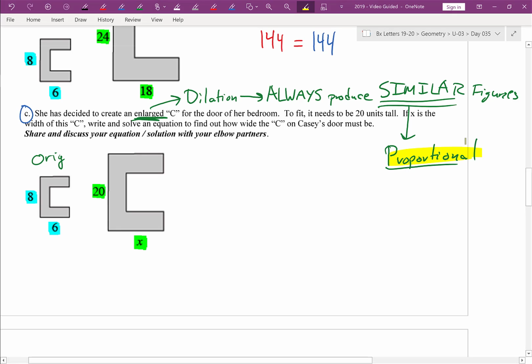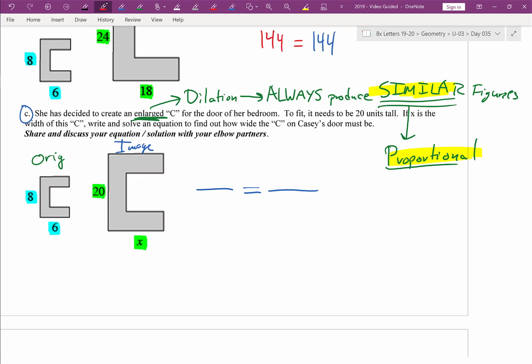So, because she's enlarging it, and because I know that this image will be proportional, will be similar, I'm allowed to make a proportion. I'm allowed to take these numbers and put them in equivalent ratios.